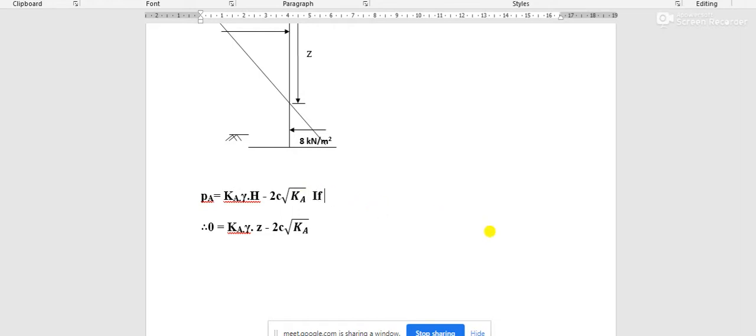You may write down that the active earth pressure at a depth z equals to 0. Therefore, Pa is equals to 0 and H equals to Z.